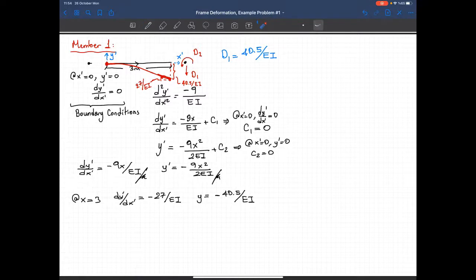And our positive direction in D2 is plus Z. Now we see a rotation in the minus Z direction. So D2 should be minus 27 over EI.